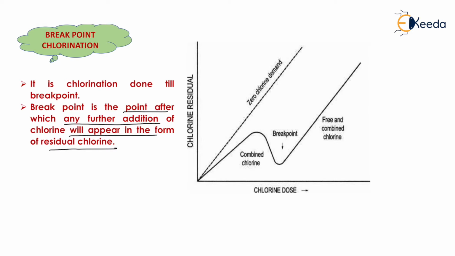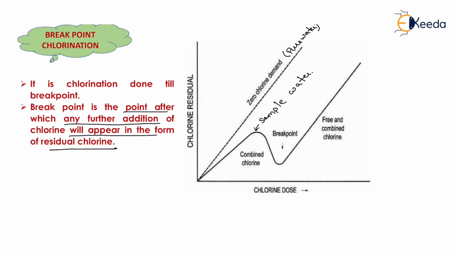Okay, now I have made a graph here in which two types of water are shown. First one is the pure water, which neither contains any organic matter nor any microorganism, and second one is the sample water, which contains organic matter as well as microorganism.